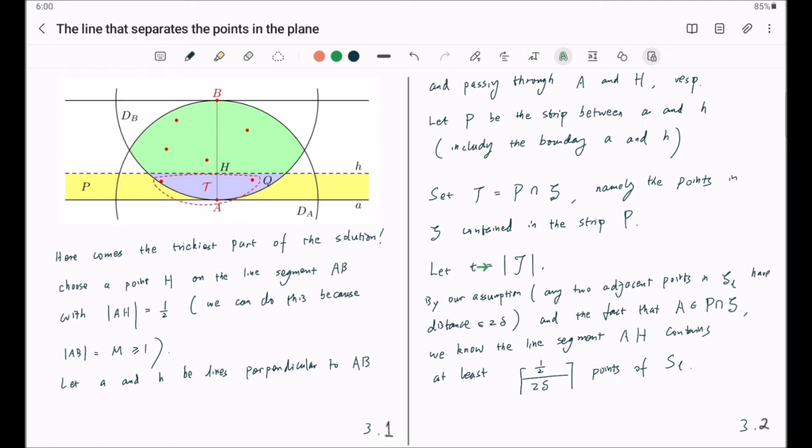But note that t is the cardinality of the script T, the intersection of S and P. And the points in T will project onto the line segment AH. So the number of points in T will be greater or equal to this quantity, considering that there are cases where 2 points might project onto the same point on this line segment AH.